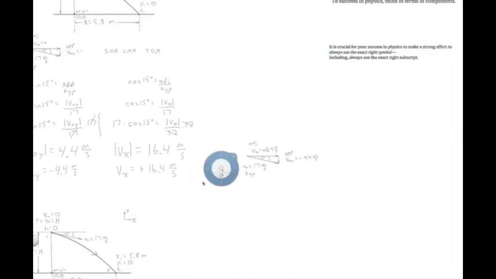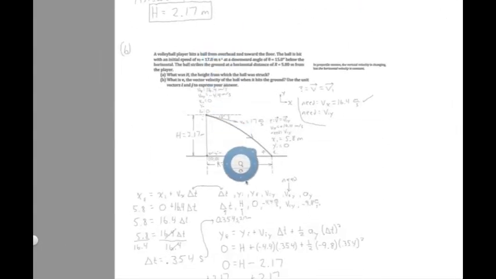Here are some of the important ideas that we used in solving this problem. Let me emphasize that we succeeded here by thinking in terms of components, and our final sketch really shows that, I think. Notice that we were given the magnitude of the initial overall velocity, and then we took that number and broke it into an x component and a y component.